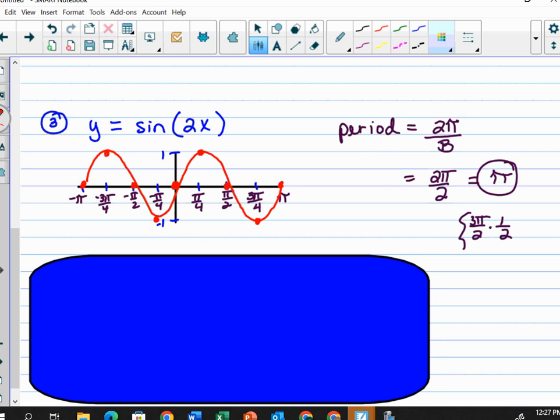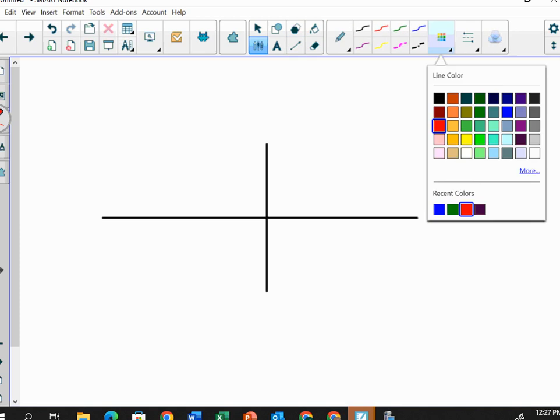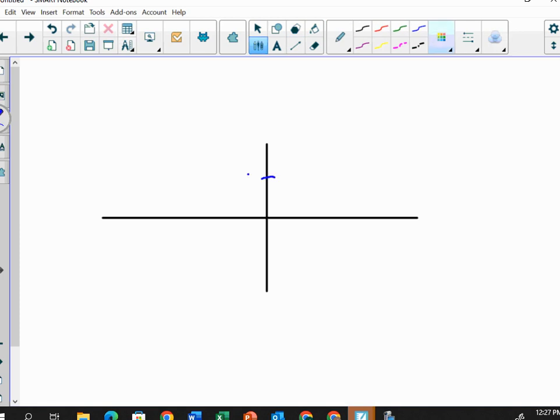Let me show you something, guys. You don't need to write this down. Oh, did we have an aha moment there? I'll go back to that one in a second. Let me graph for you sine of x and sine of 2x on the same grid so you can see what that 2 is actually doing. So don't write this down. This is just me showing you, okay?